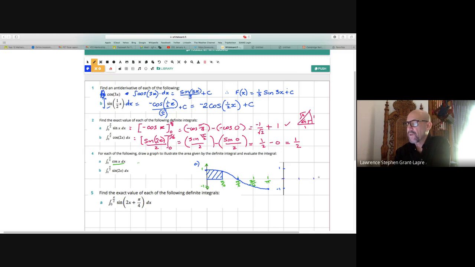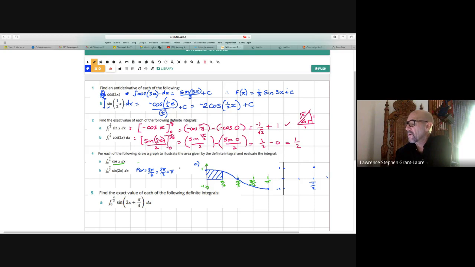Pi over 3, call that pi over 2. And it's sine 2x. So the period is 2 pi over b, which is 2 pi over 2, which is pi.